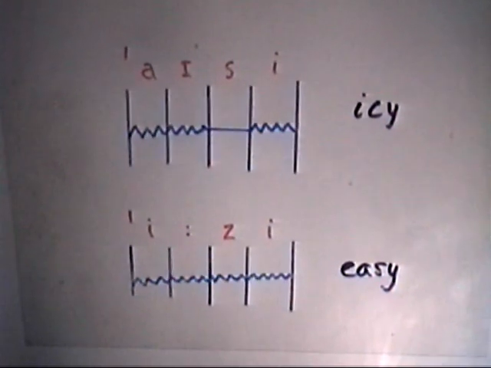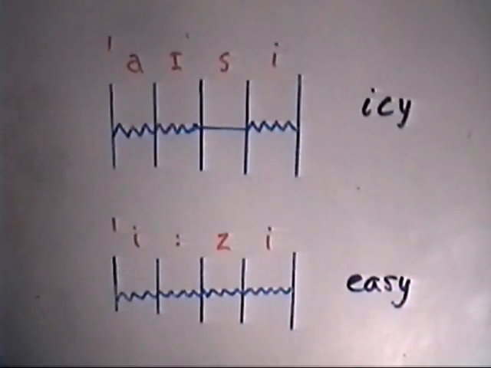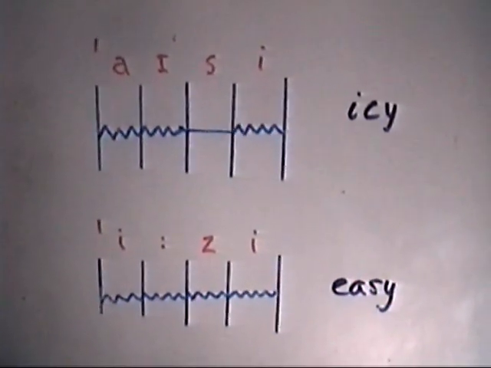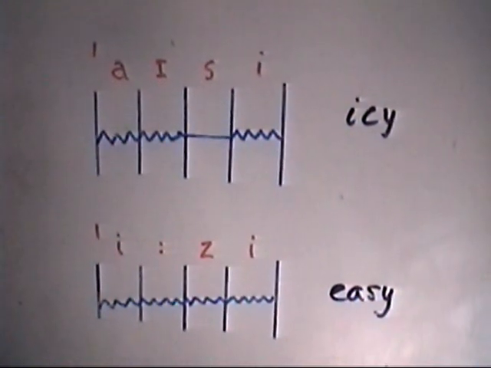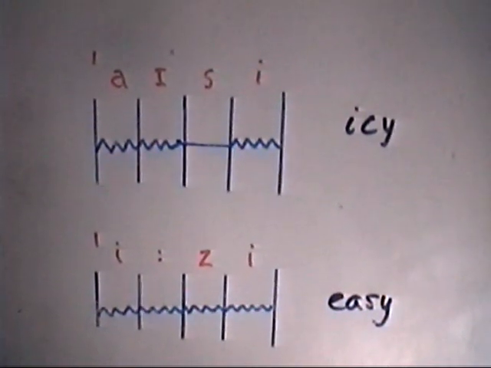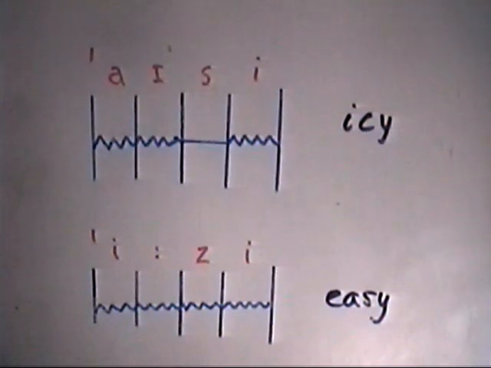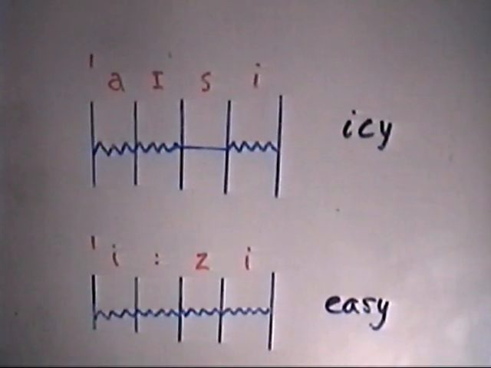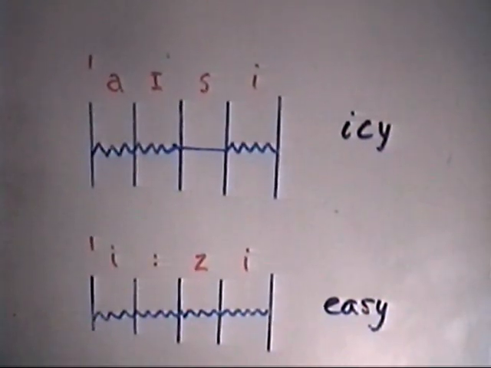Icy, easy. In the case of icy, the voicing switches on for the vowel, I, the diphthong, then switches off for the consonant, and then on again for the vowel.